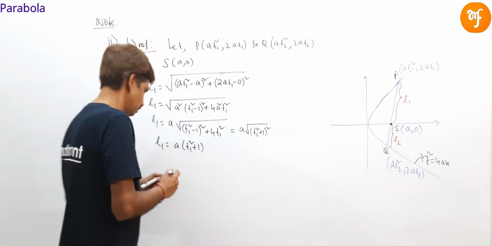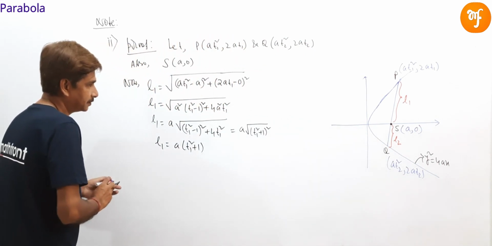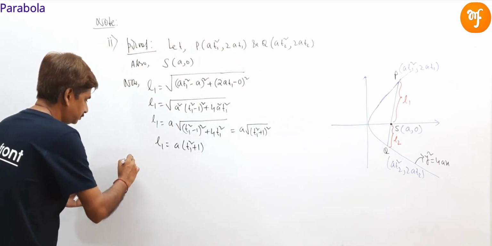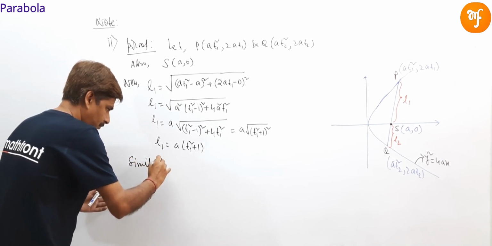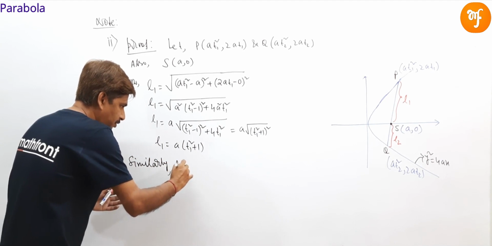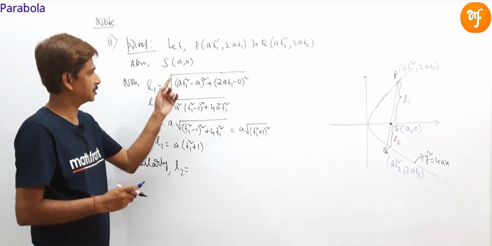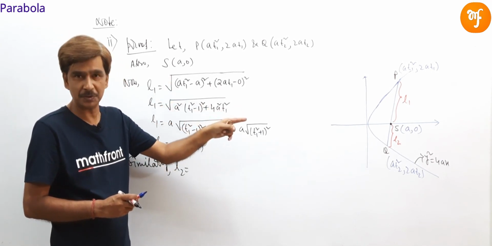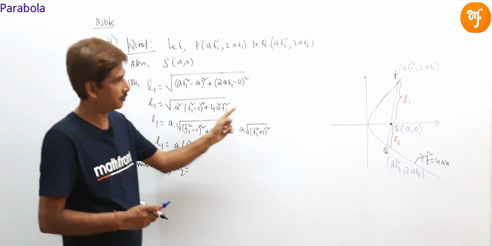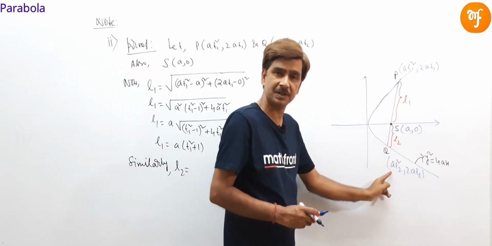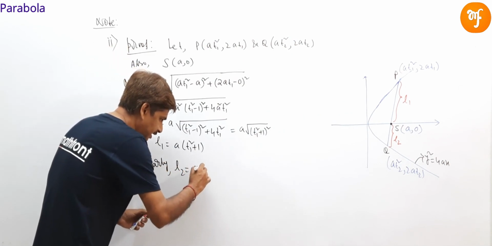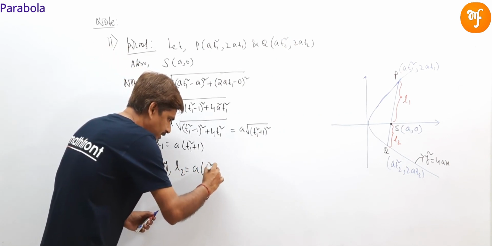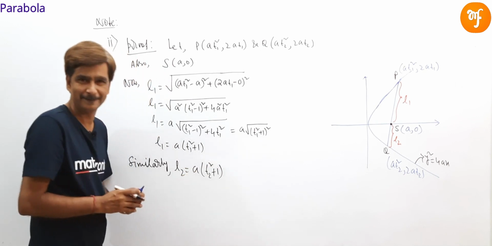So similarly, L2 is equal to, just substitute t1 by t2. If we substitute t1 by t2, we will get this point. So the length L2 can be directly written as a into (t2 square plus 1).